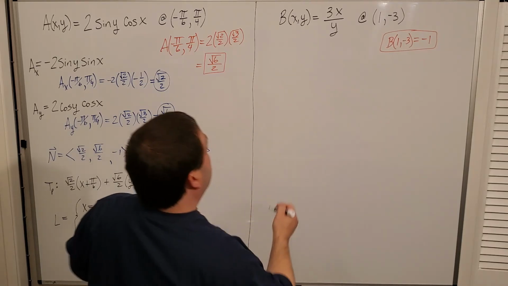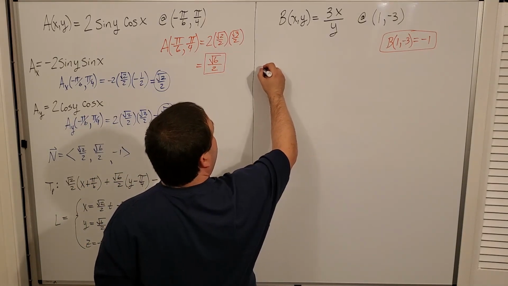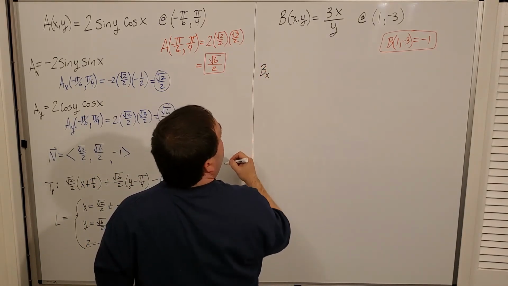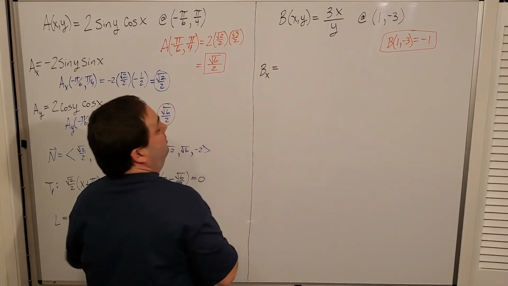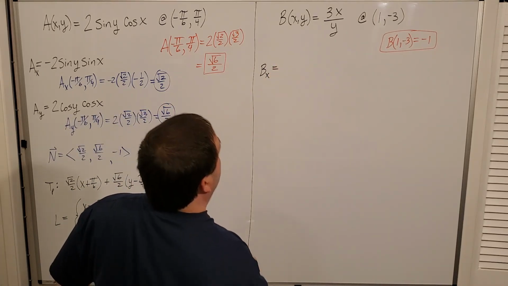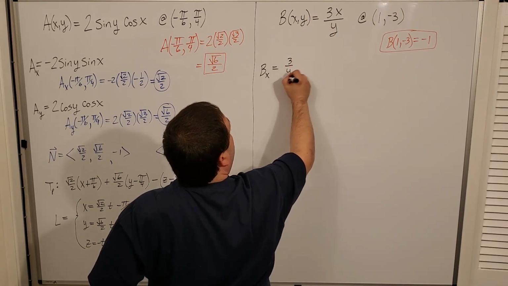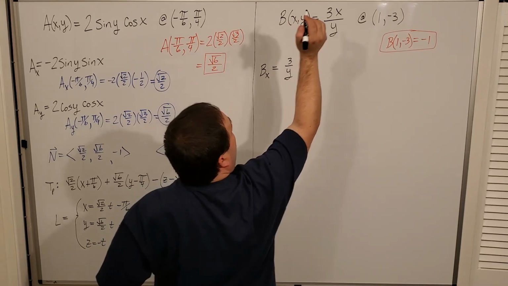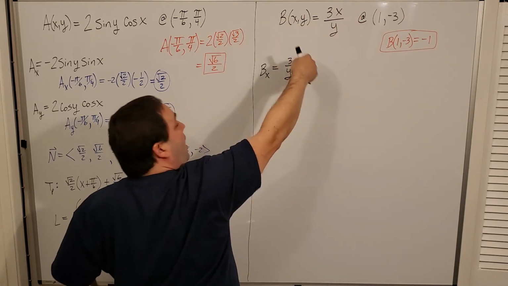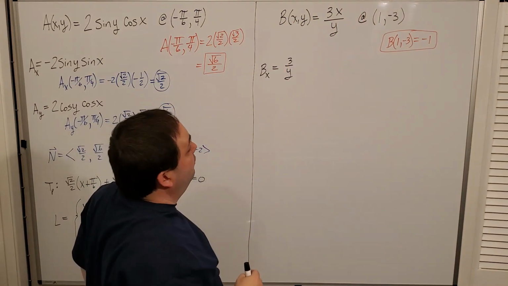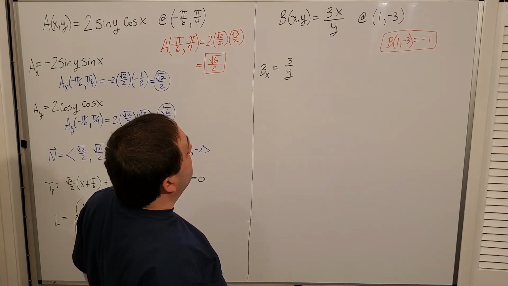Next, let's get our partial derivatives here. So the partial derivative with respect to x is going to be just 3 over y, because it's just multiplied by the constant 3 over y. The derivative of x is 1, right?